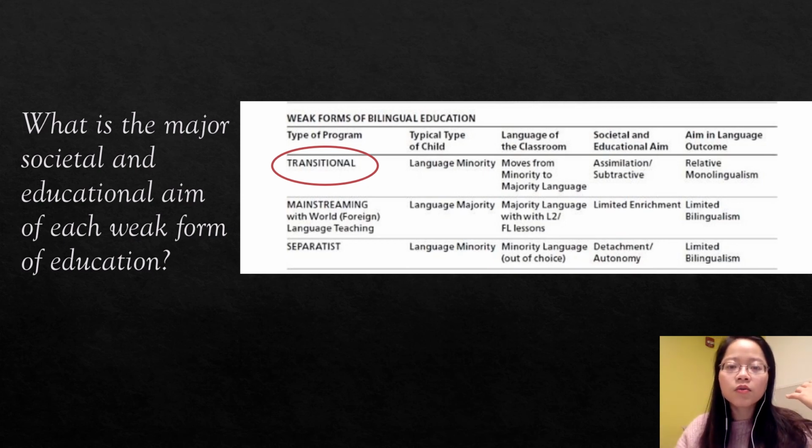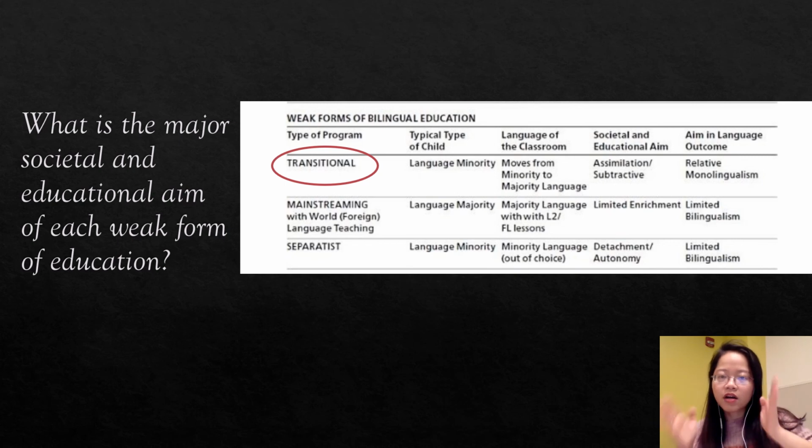So what does transitional mean? The most popular model of bilingual education in the United States is transitional bilingual education. It is somewhat in the middle of the continuum of monolingualism and bilingualism, because it gradually moves a person from bilingualism towards monolingualism.